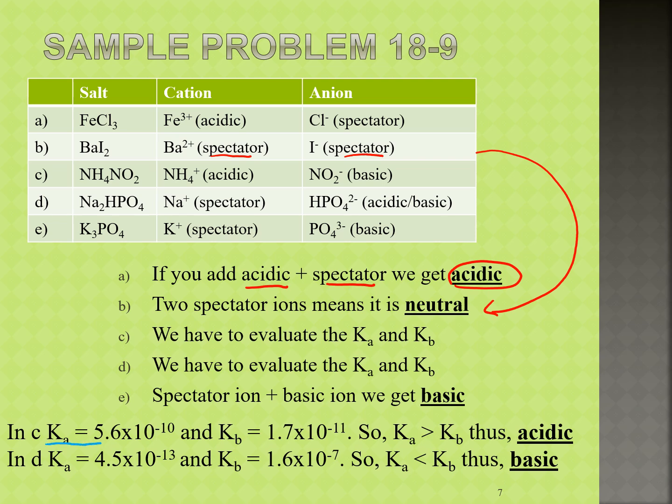And so we had to look up the Ka for that versus the Kb and just determine which one of those numbers is bigger than the other one. Again, I get students that will miss those ones a lot. It is not that difficult. Just know if the Ka, the acid, is bigger, then it's acidic. If the Kb, the base, is bigger, then it's basic. All right, make sure that you can do those.